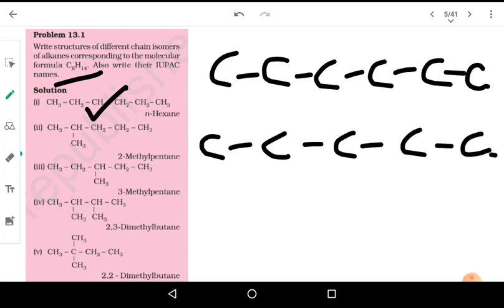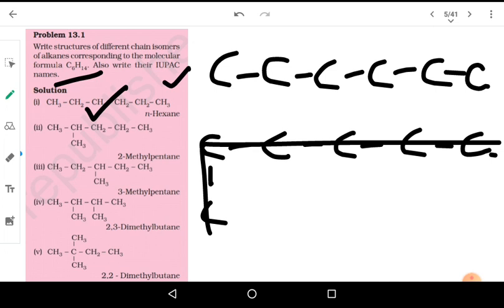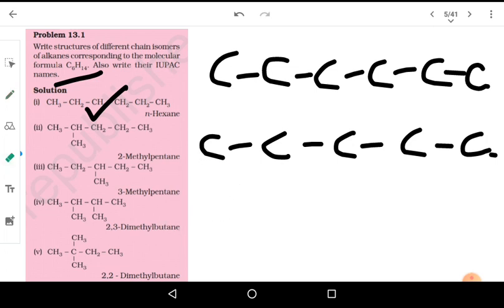Now that substituent cannot be placed at the first position, because if I place it like this, this is going to be my longest chain. So that is the same as the first one. So we will neglect this chain because we don't want repetitions in isomerism. So we remove it from here and add it to the second position. So this is the second compound, known as 2-methyl pentane.